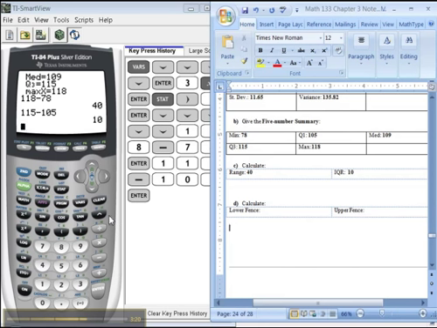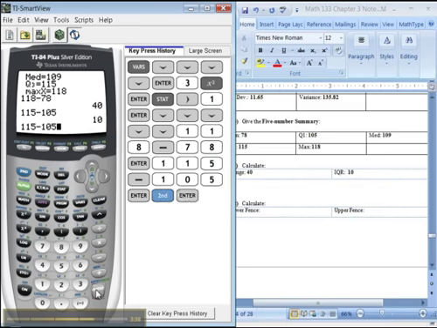Now, last but not least, I just want to remind you guys of a little trick. Suppose, again, you want to see that list of descriptive statistics, the mean, the median, and all that stuff. But you can't get it back. So you could do stat and calc again, or there is a little trick. Second, enter. See, it says entry. It gives you the last thing you entered, and you can do it again.